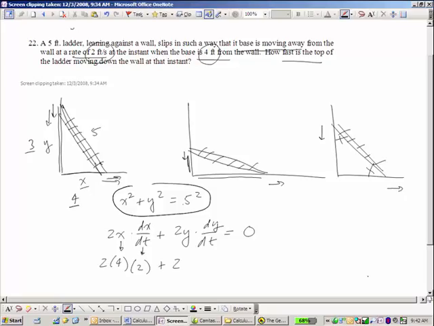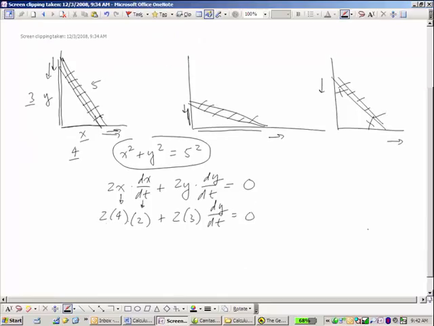So actually, David said we can go back to that equation to find out the relationship between x and y. I like it. So we plug in for 3, and we have dy dt. And now we can solve, let's see, 6 dy dt equals negative 16. So dy dt equals negative 16 over 6.